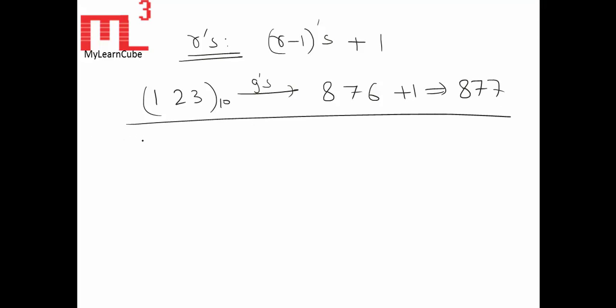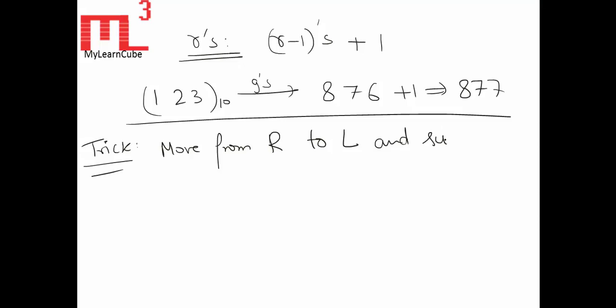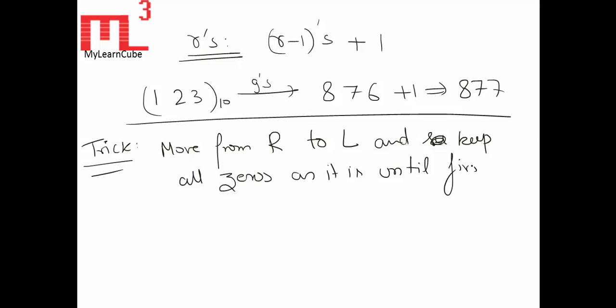But there is a direct way. The trick is to move from right to left and keep all zeros as they are until the first non-zero element appears.